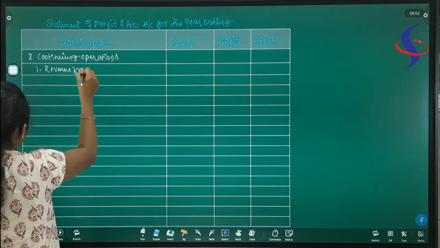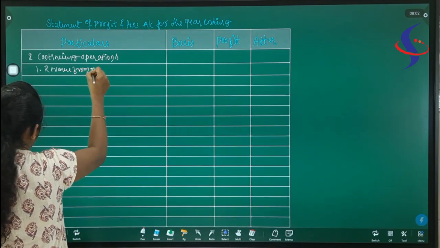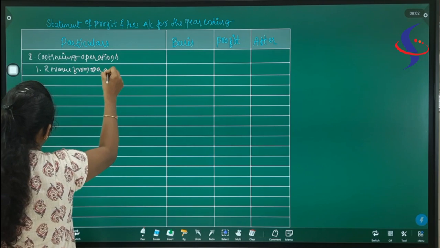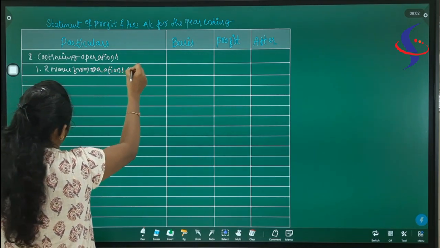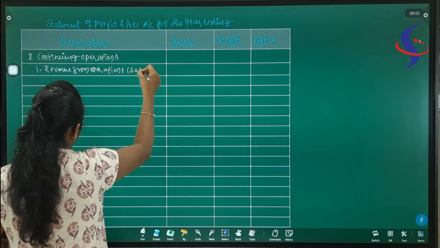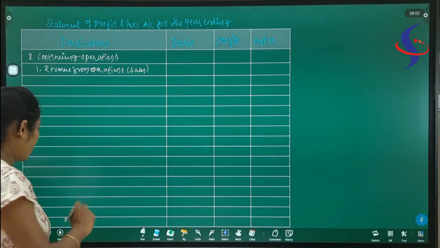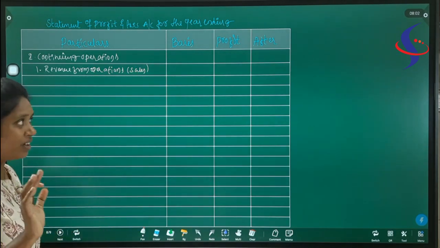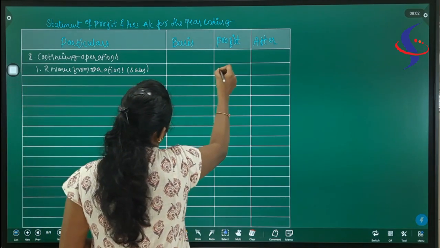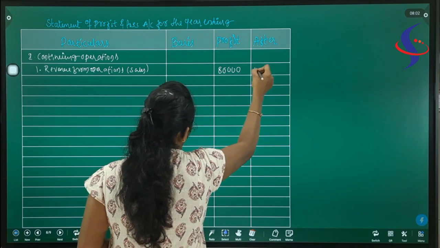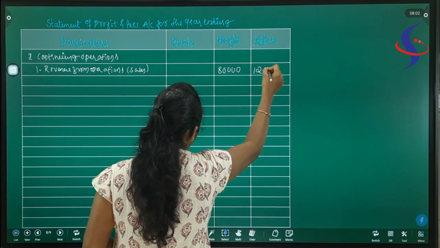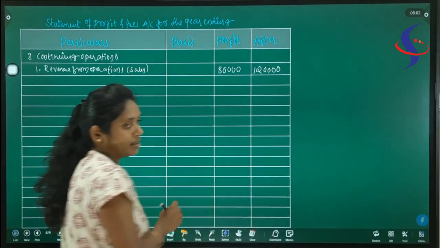Revenue from operations is nothing but sales. We already divided, meaning they have given it after dividing: 80,000 is prior period sales and 1,20,000 is after period sales.